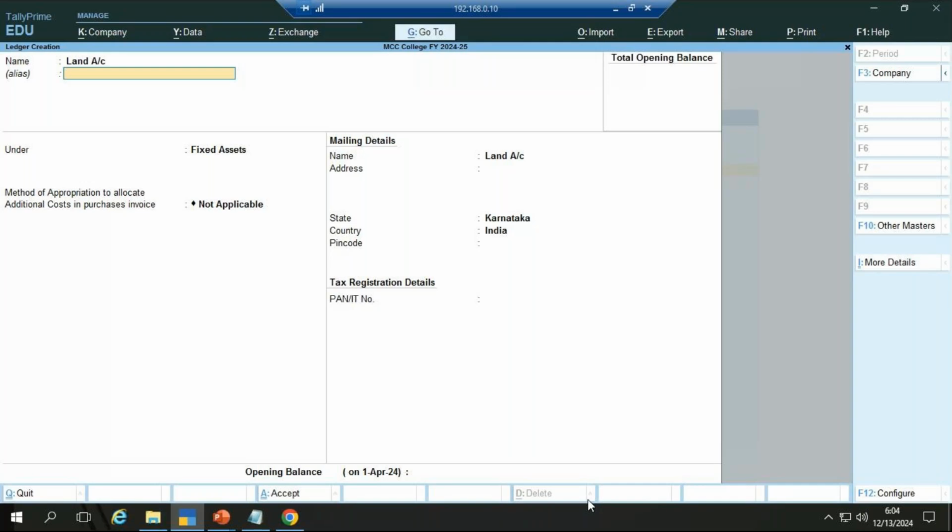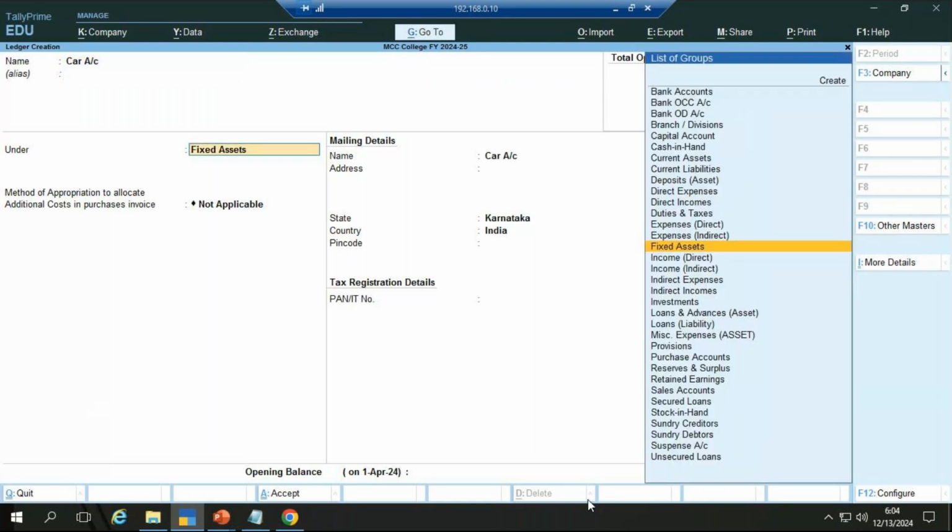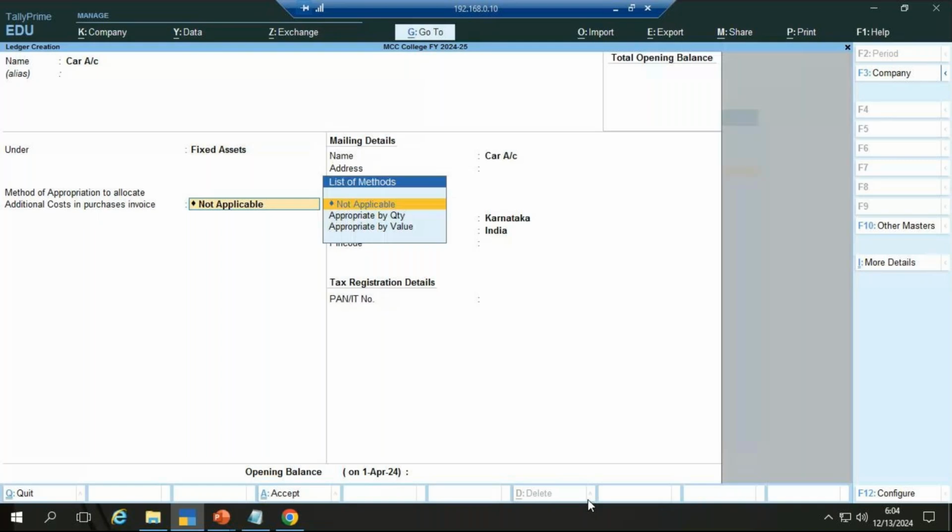Next, car account comes under fixed asset.